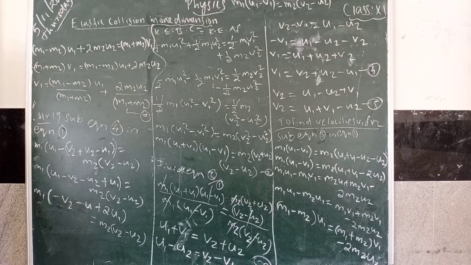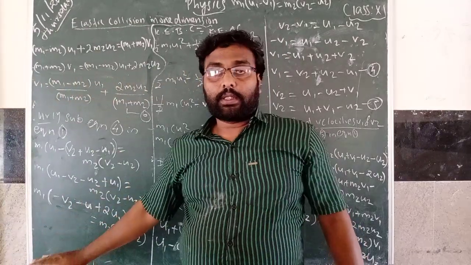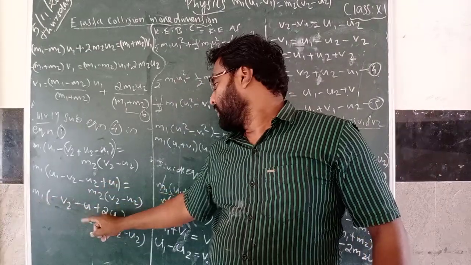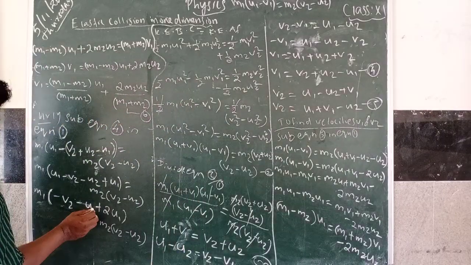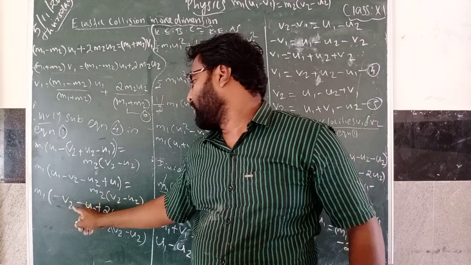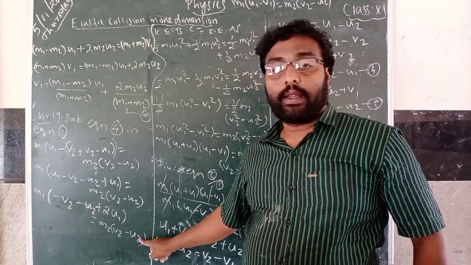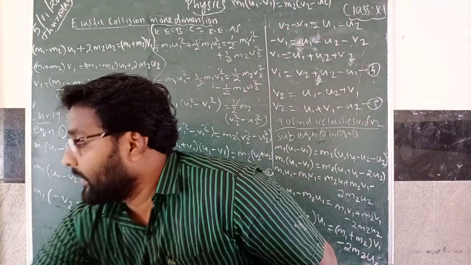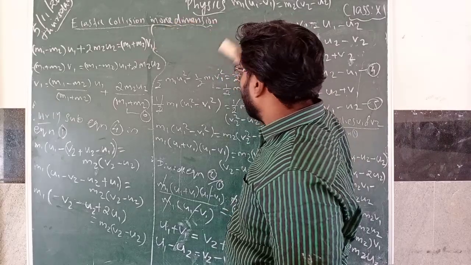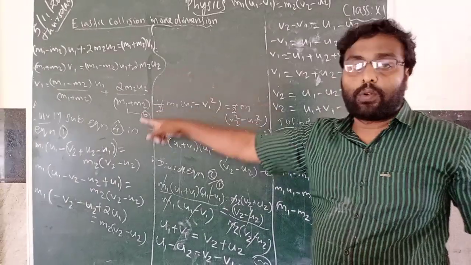Okay. Now when you multiply this m1 inside, m1 v2, and when you multiply this m2 inside, you will get an equation. The same step which we did here, you have to follow.